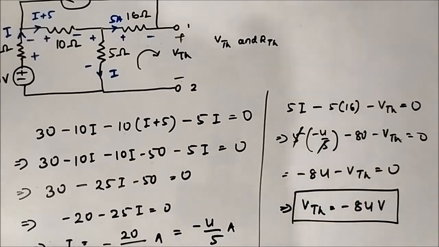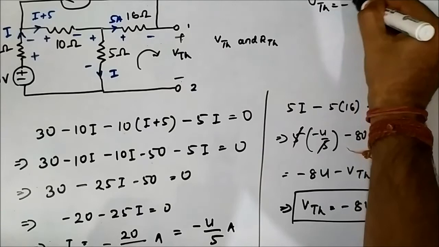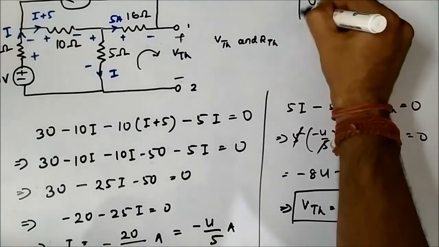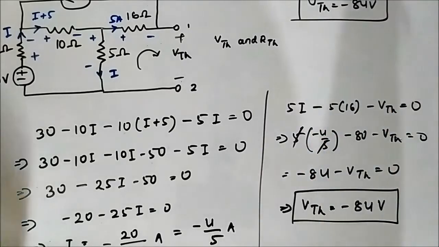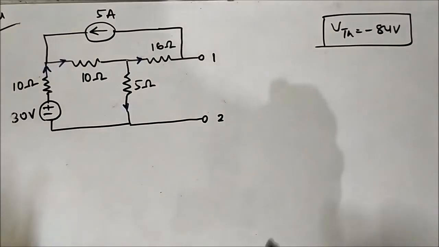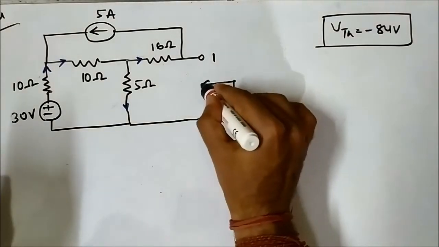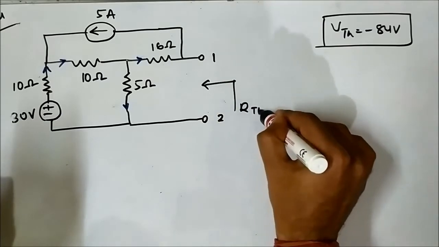We have got VTH. Now we have to determine RTH. VTH is minus 84 volt. Let us find out RTH across these two terminals.